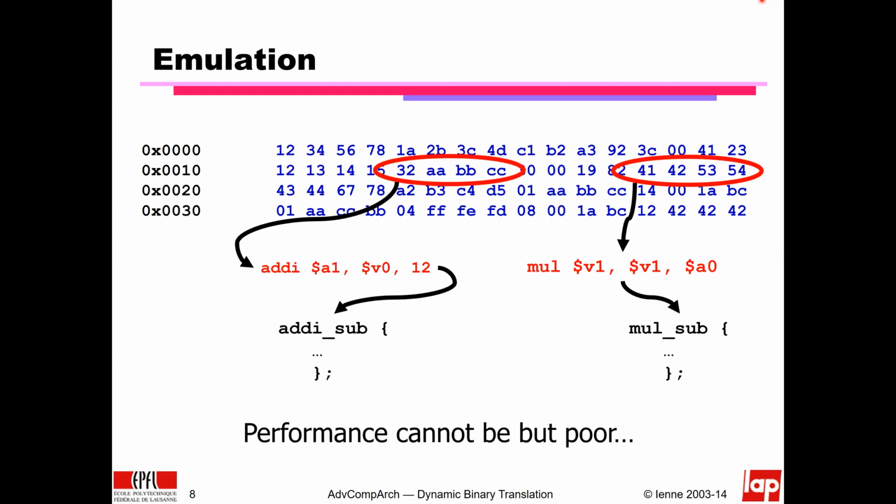I need to spend a few instructions for the analysis of the different bits. Then I have to do a branch probably to do a different functionality. You see where I'm going, right? It cannot be very efficient. I have in mind something like, at the very best, 10 times slower than running native code.